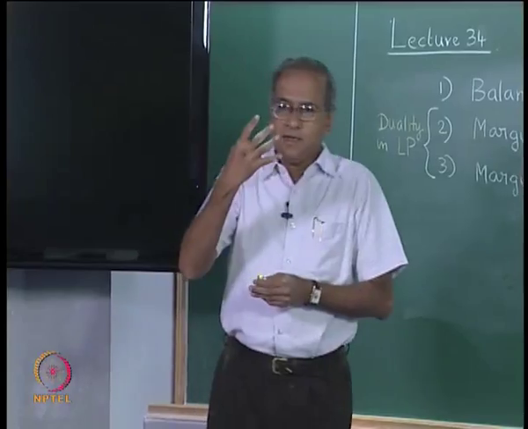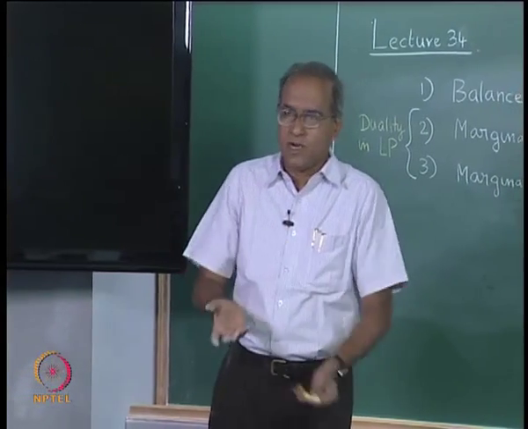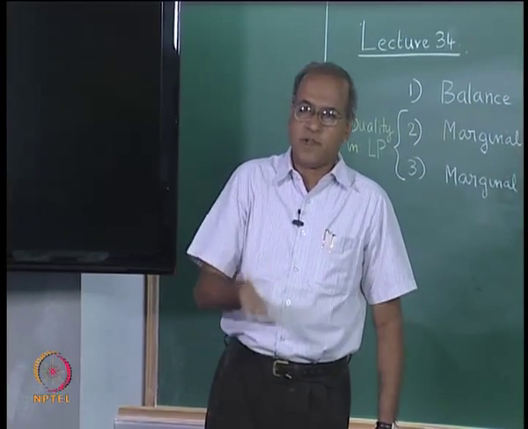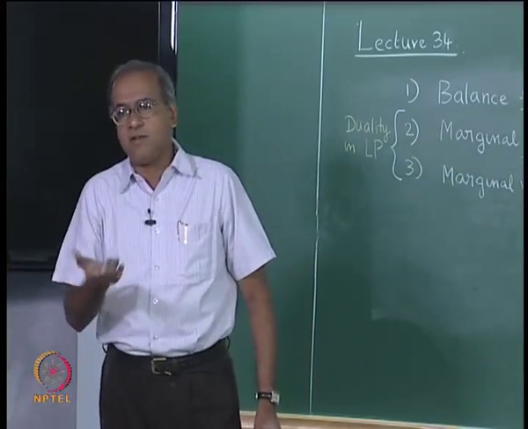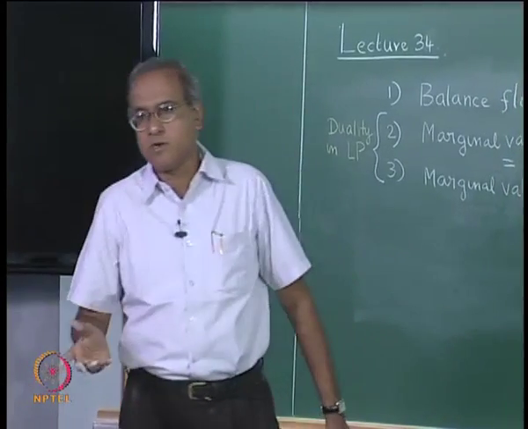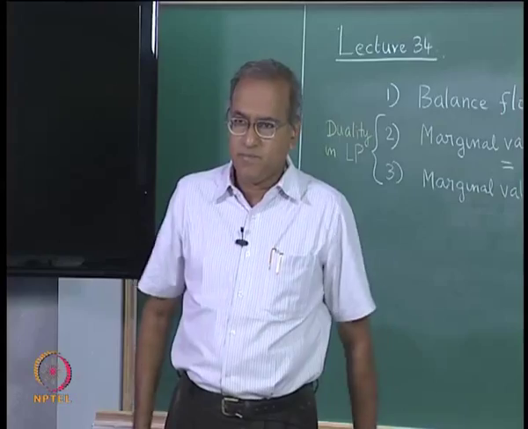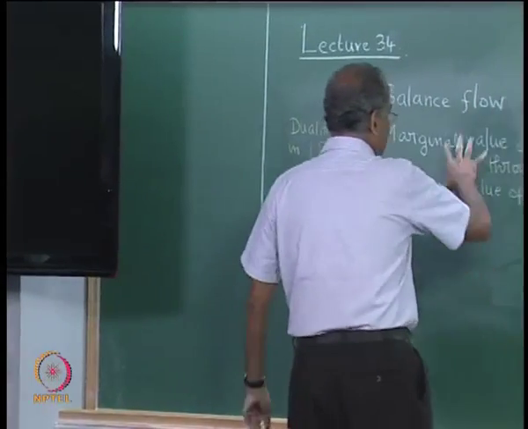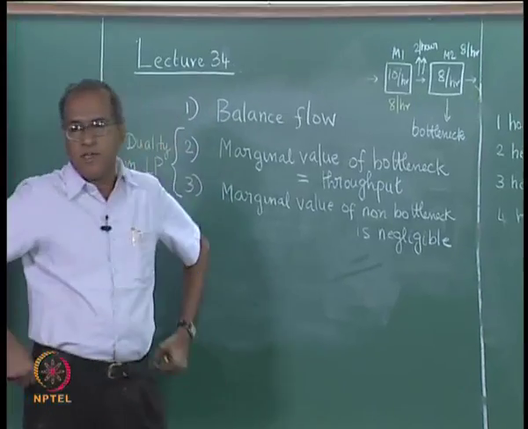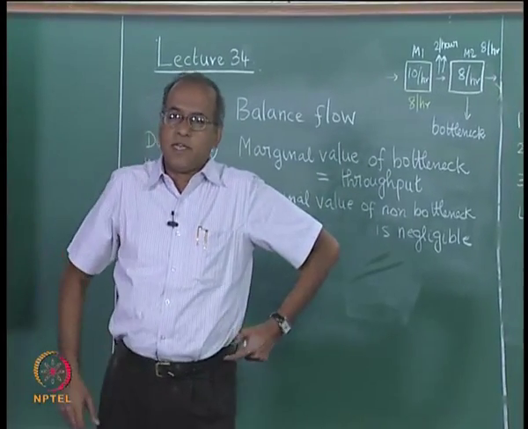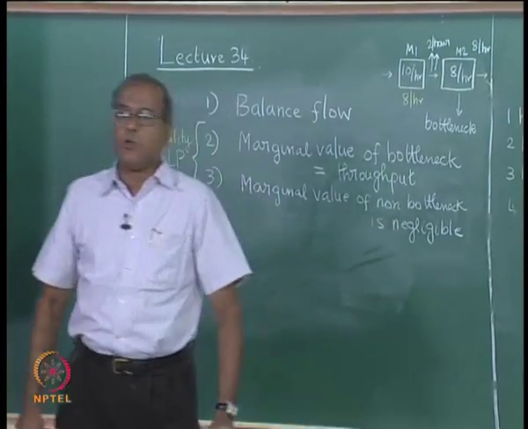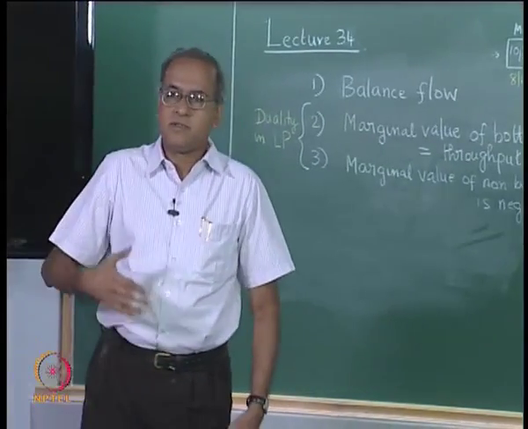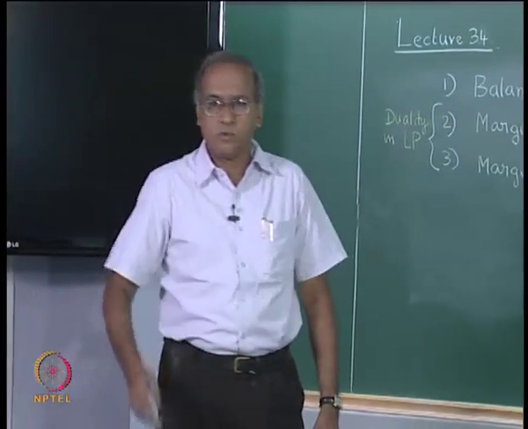Now the decision variables of the dual are called shadow prices, or marginal value of the primal resource at the optimum. So essentially when we talk about marginal values of resources here, we are talking about the shadow price of the resource or the dual variable which represents the marginal value of the resource.